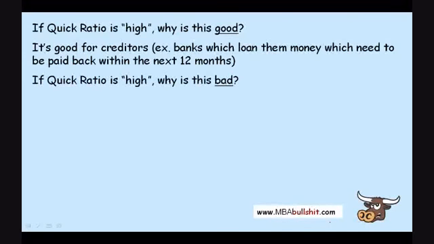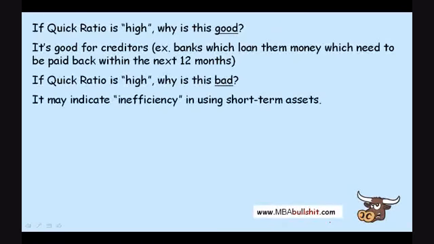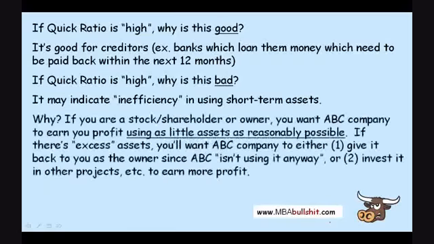And if the quick ratio is high, why is this bad? It might indicate inefficiency in using short-term assets. Why? If you are a stockholder or an owner, you want ABC company to earn you profit using as few assets as reasonably possible.